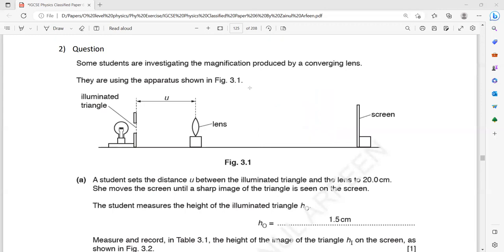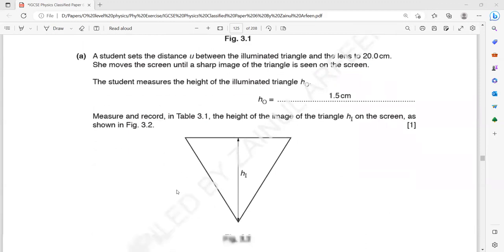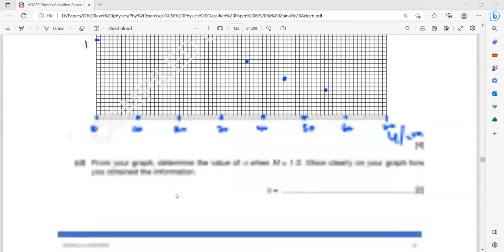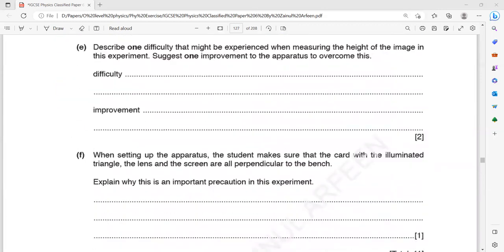So for these types of questions, the light experiment in which we want to measure the size or height of an image, what is the one difficulty? That we might block the light, so the image will not appear on the screen when measuring the height. And what can we do? We can use a screen with a grid or lines, or use a translucent screen.